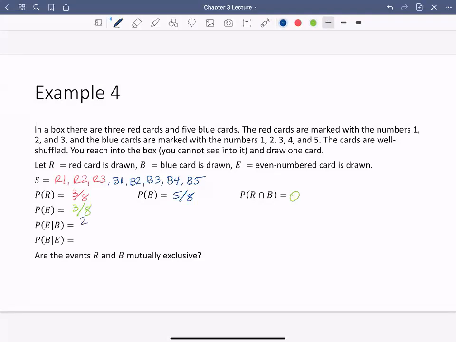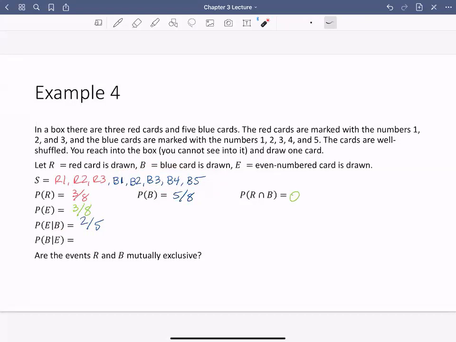But wait a minute, is my sample space still 8? It's not over 8 anymore because my sample space now is my blue cards. Well, how many blue cards do I have? I have 5. So it's not 2 over 8, it's now 2 over 5. Again, this 5 is because it says that it's even given that it's blue. So my sample space is now just the blue cards, and there's 5 of these babies.